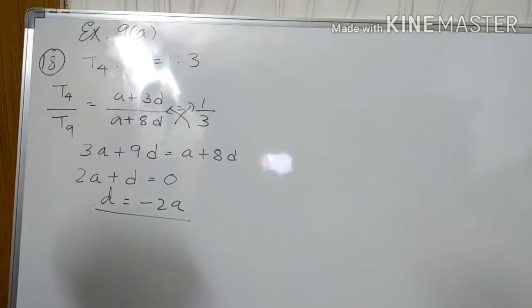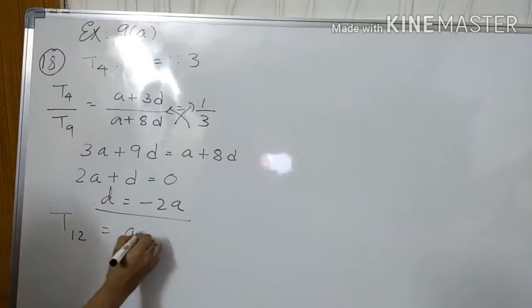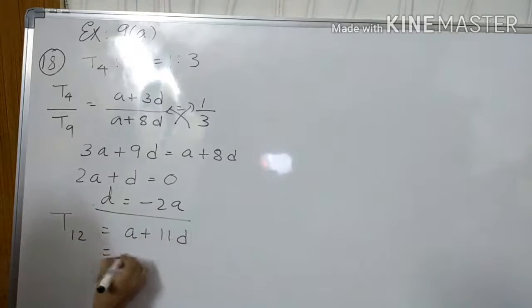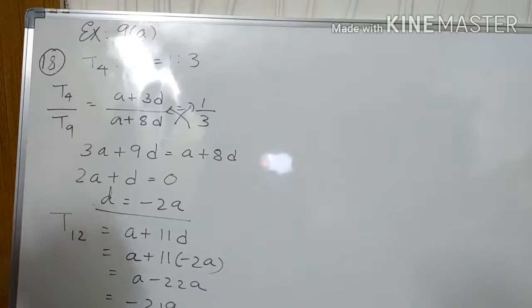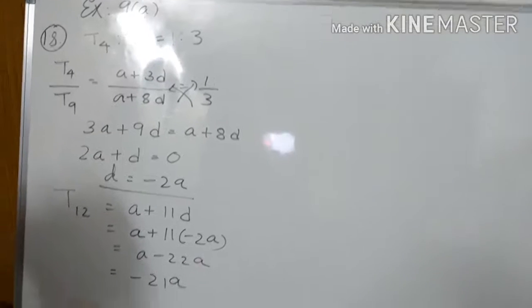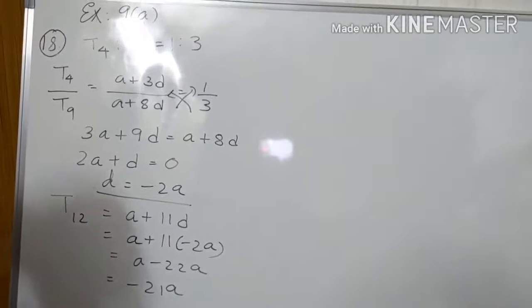Now we want to find the ratio of the 12th and 5th term. For that I write T12, the 12th term: a + 11d, which is a + 11 times (-2a). So I get -22a, and so -21a. This is the value I found for the T12 term.